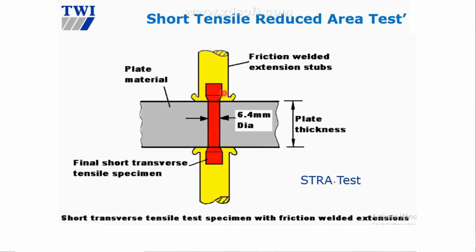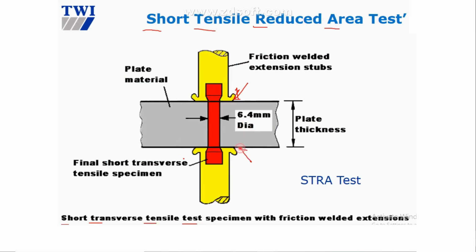So this is what they call STRA, short transverse reduction area. But here they call it short tensile reduced area. But sometimes here, like at the bottom, they call it short transverse tensile test. They call it also short transverse reduction area. So what they're doing here, there are friction welds at this point.